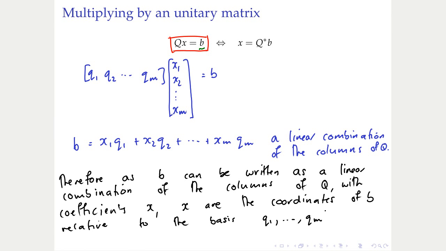So if we can figure out what x is, then what we're effectively doing is changing basis. If we can find x, we are changing basis from E1 through to Em to Q1 through to Qm.